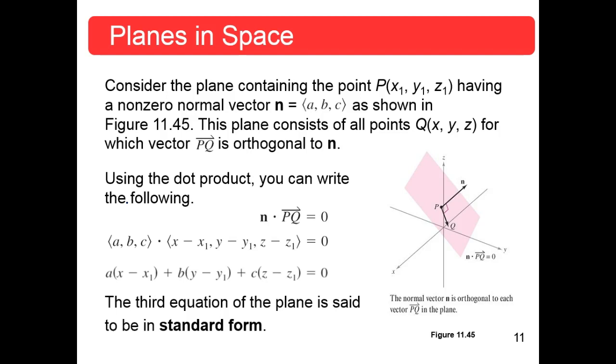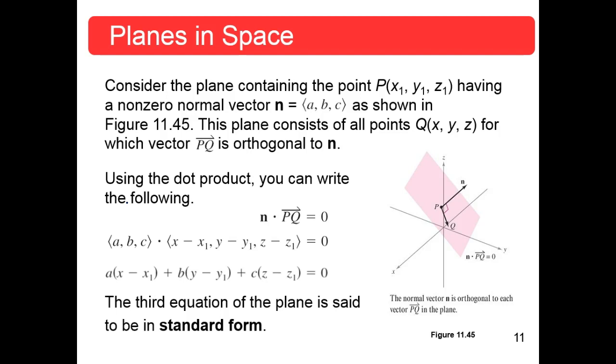Once you have the point, there's an infinite number of planes that go through it, but once you have that normal vector, that defines one and only one plane that goes through that point. That plane consists of all the points Q, any x, y, and z on that plane, for which the vector PQ is perpendicular or orthogonal to n.